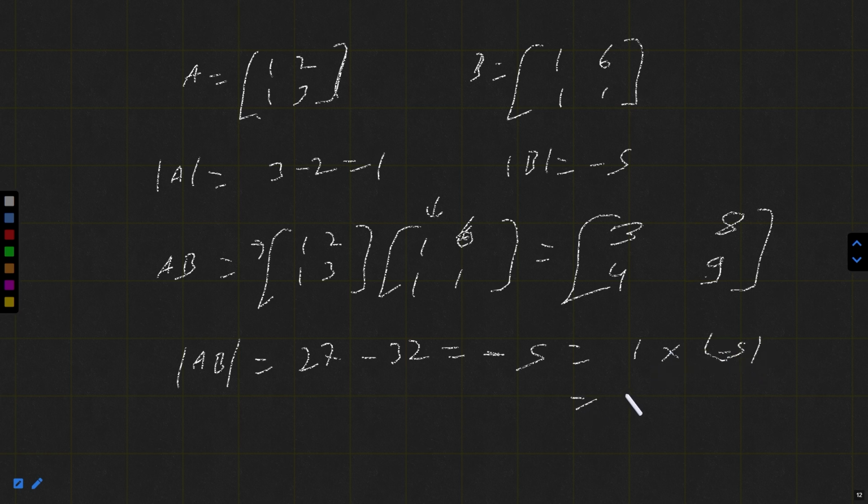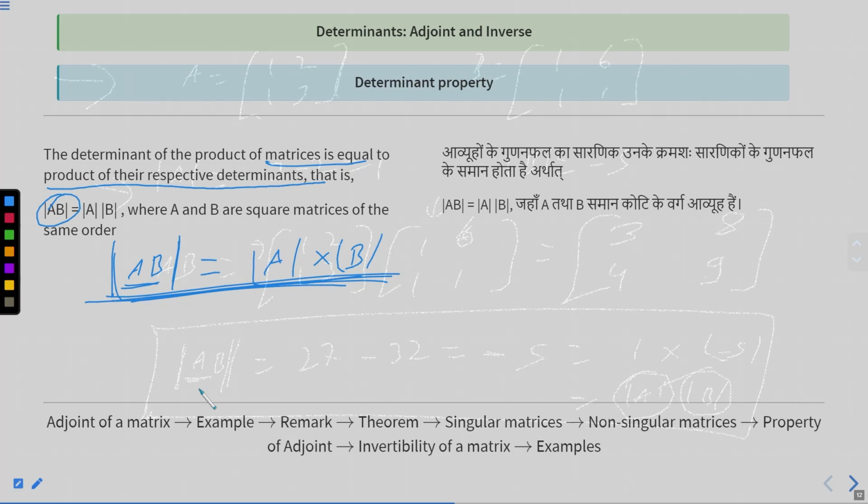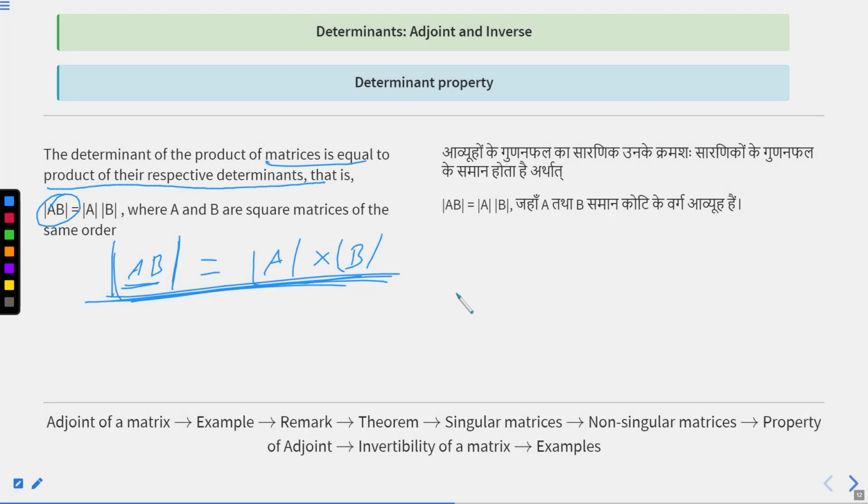Yes, and 1 is the determinant of A, and minus 5 is the determinant of B. Okay, so please make yourself comfortable through this example, that indeed the determinant of the product AB is the same as the product of determinant A and determinant B. Okay, easy. So please do remember this.